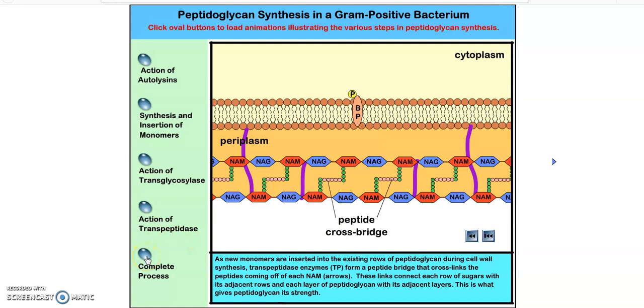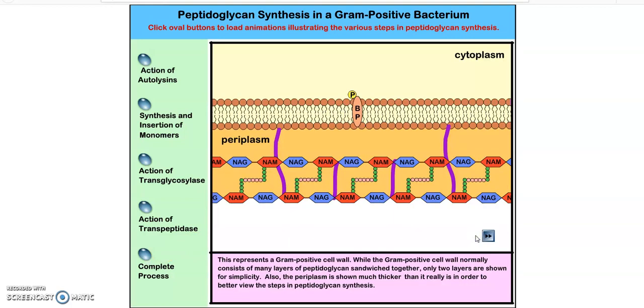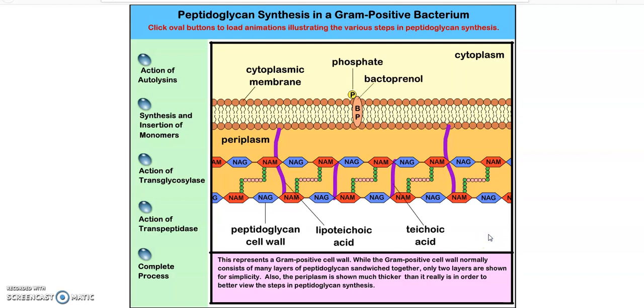Let's look at the whole process all together. So again, first thing that's going to happen is our autolysins are going to come in and they're going to break down the cell wall. This is what normally happens periodically. Again, this allows the cell wall to gradually be replaced and refreshed.